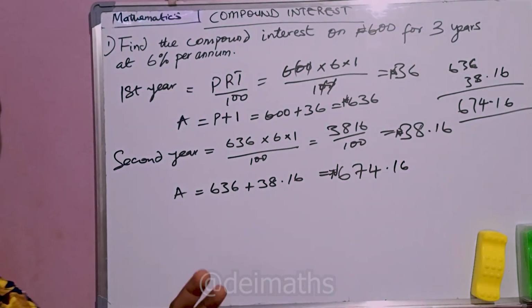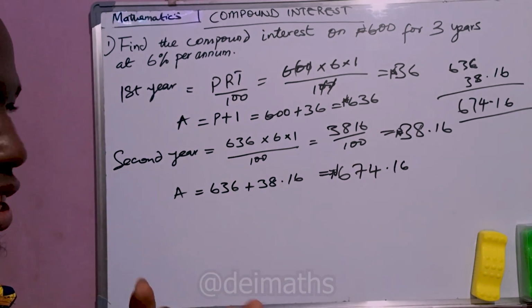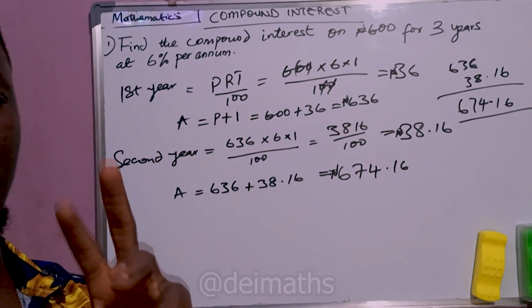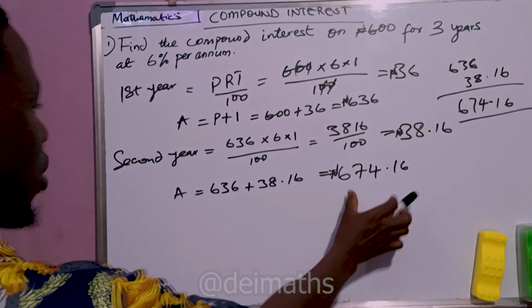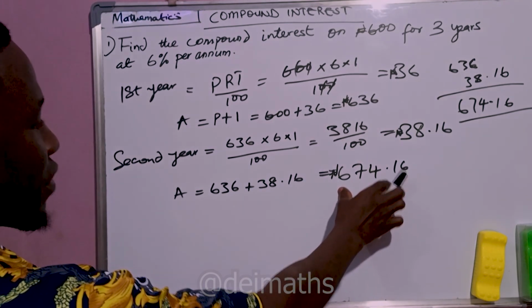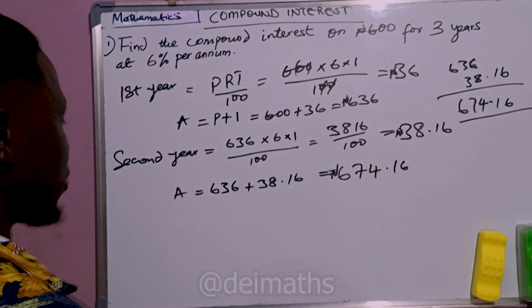Now we've calculated the first year and the second year, and we're going to calculate the third year. In the third year, our principal becomes this amount, 674 naira 16 kobo.